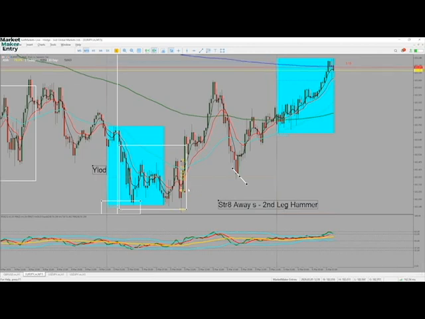So if it's three hits to the low, I remember seeing this other guy saying we wait for it to close above the 50.